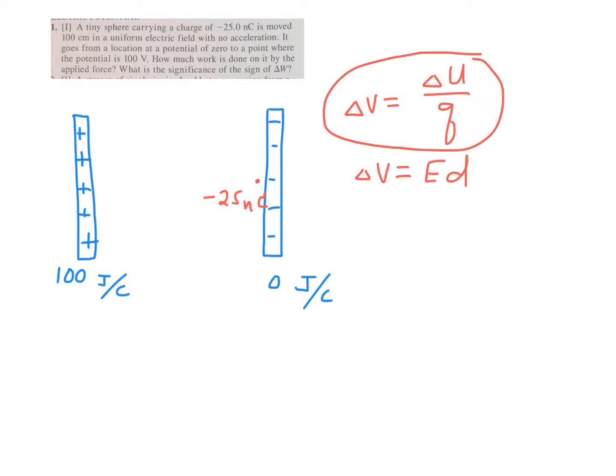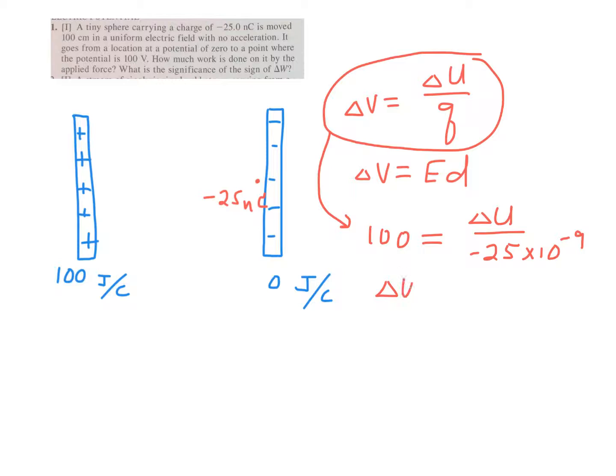I know the delta V for this particular particle will be positive 100 because I'm going from 0 to 100 volts. So plugging into that, I'm going to get 100 volt potential difference equals the delta U over, well, Q is negative 25 nano, which is times 10 to the negative 9th coulombs.